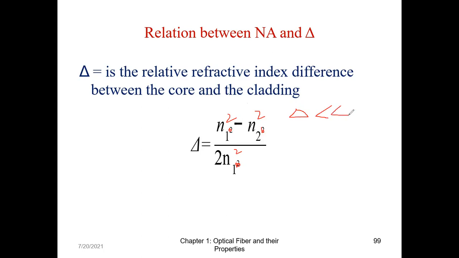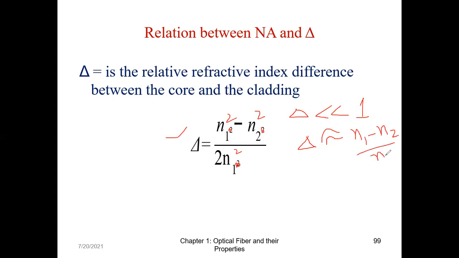Suppose you find that the value of delta is very much less than 1, then this is the exact formula of delta. At that time, you can reduce this formula to delta approximately equal to n1 minus n2 upon n1.